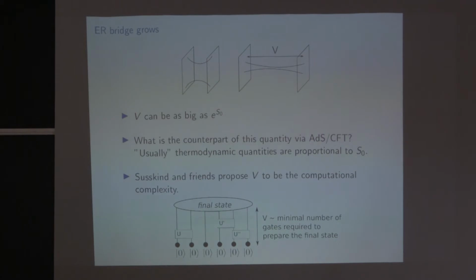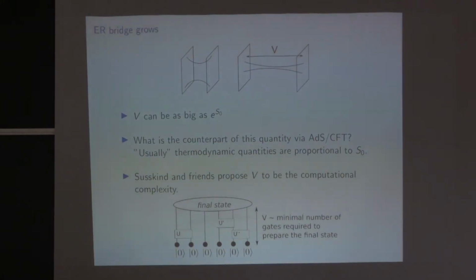In general, if I'm allowed to do any unitary operations, then obviously I can do this transformation between the two states in one step. I just apply a unitary. But the idea is that we are limited, say, by locality, so we only want to apply two-qubit gates.